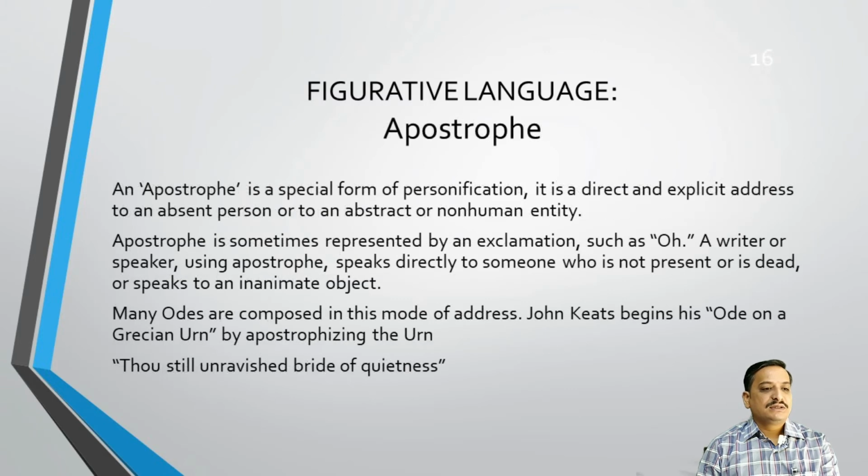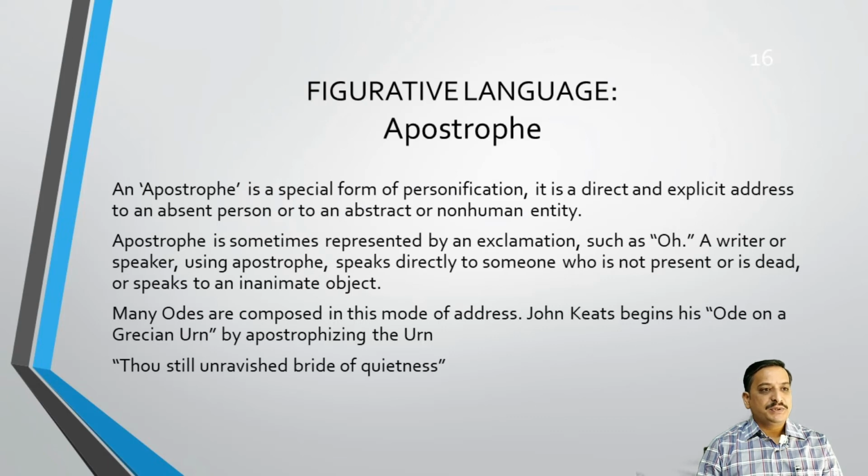The next literary device we are going to talk about is the apostrophe. The apostrophe is a special form of personification. It is a direct and explicit address to an absent person or to an abstract or non-human entity. Apostrophe is sometimes represented by the exclamation such as "Oh."